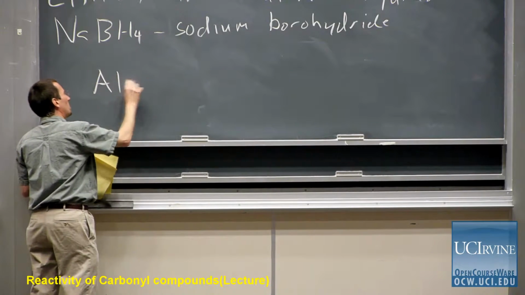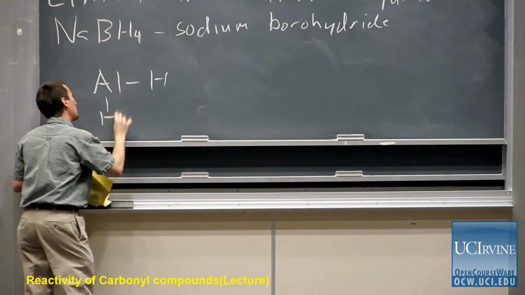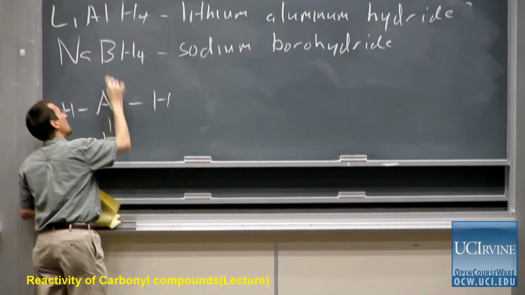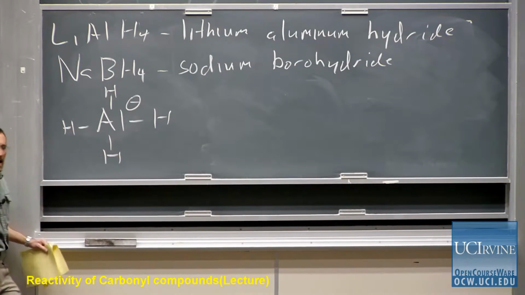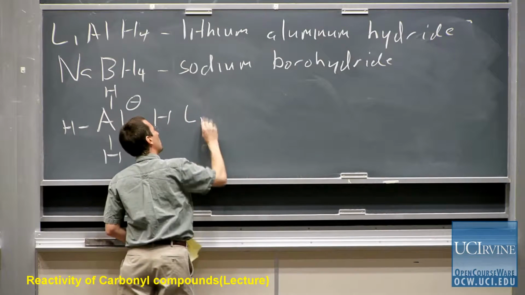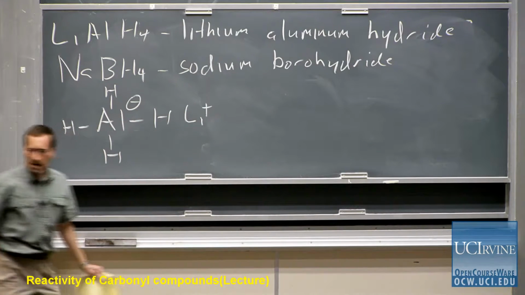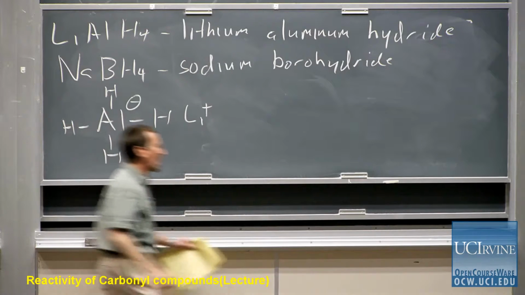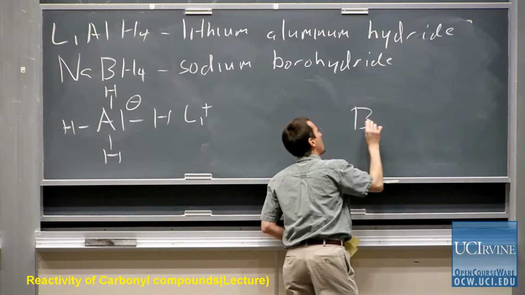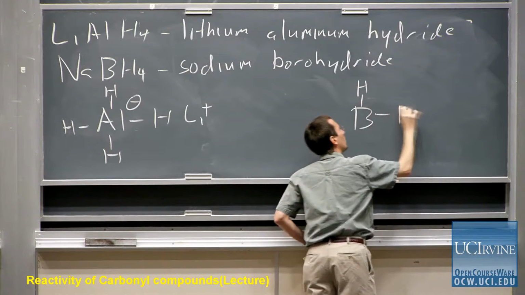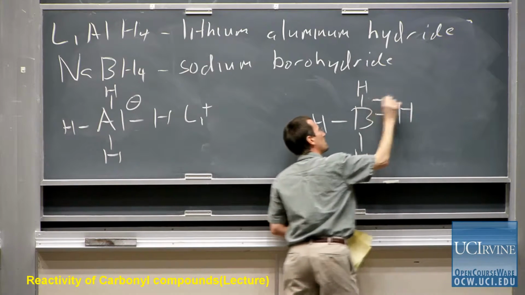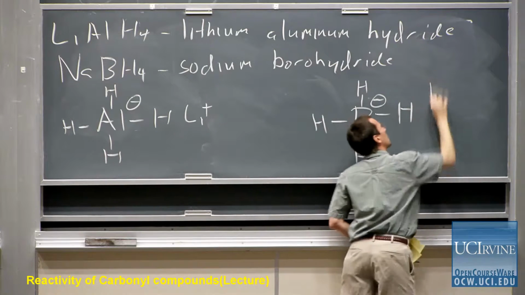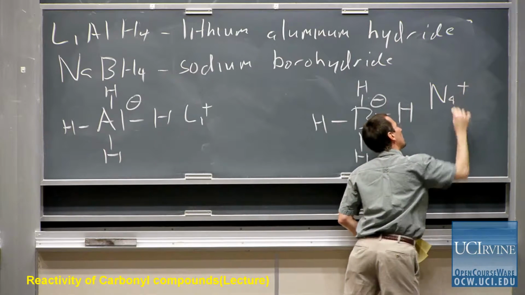The structure of lithium aluminum hydride is an aluminum hydride anion, or tetrahydride anion, and a lithium cation. The structure of sodium borohydride is a borohydride anion, BH4 minus, like the other is AlH4 minus, and a sodium cation.